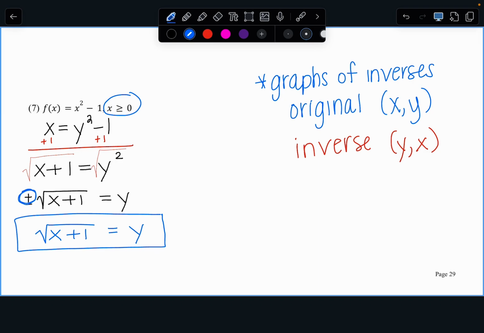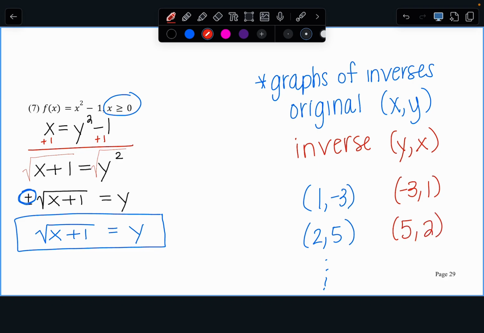What I mean by that, if I have 1 comma negative 3, 2 comma 5, and so on, the inverse is going to have negative 3 comma 1 and 5 comma 2. You're going to switch the points for x and y, and that is how you graph an inverse. Got it? Okay.